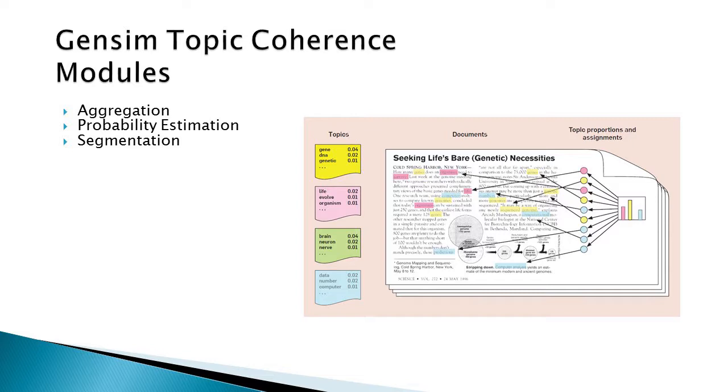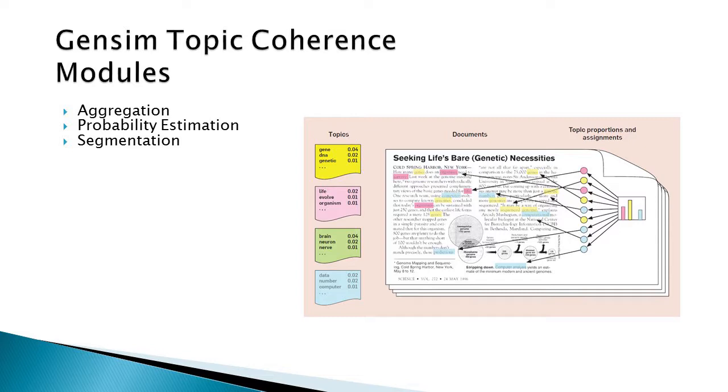For the probability estimation module, it has a function perform segmentation on probability estimation. The function p_boolean_document performs the document probability estimation, which estimates the probability of single words as a number of documents, which is calculated by the word frequency by the total amount of documents.